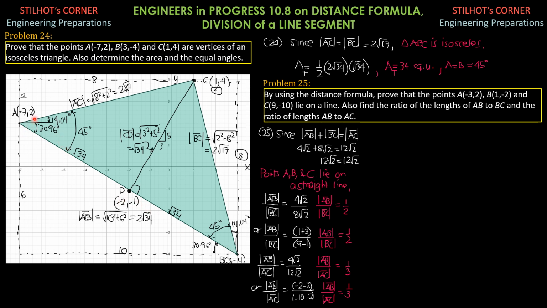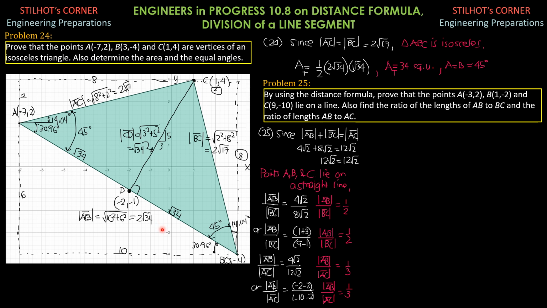And 1/2 of 2 plus negative 4 is negative 1. That's why that's at negative 2, negative 1. Then the length of AB, this one, AB is square root of 10 squared plus 6 squared, so 2 square root of 34.